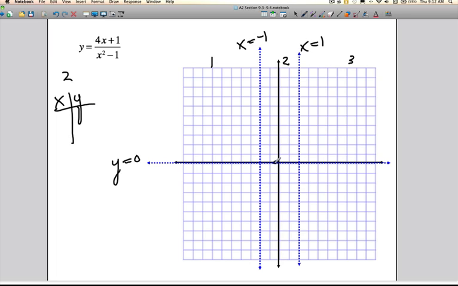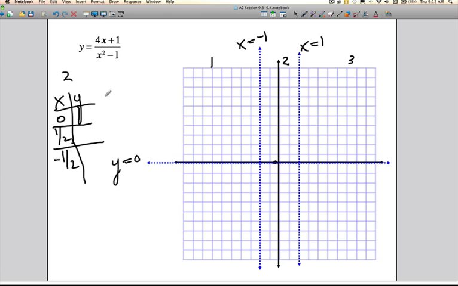I've already got a point here, -1/4, 0. What I'm going to try to check is what happens at 0, what happens at 1/2, and what happens at negative 1/2. I think that will give me enough information to define the graph in between the vertical asymptotes.